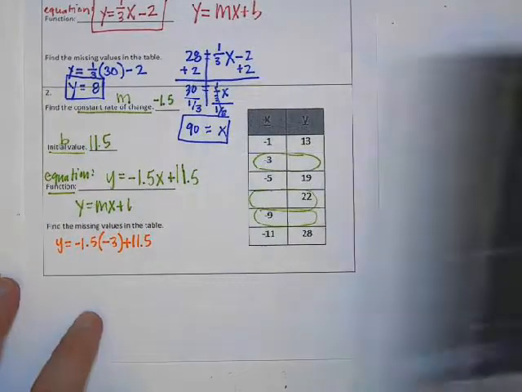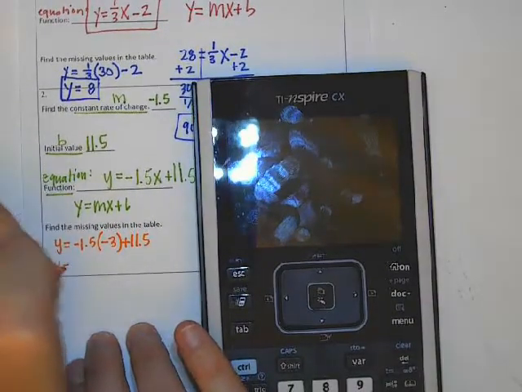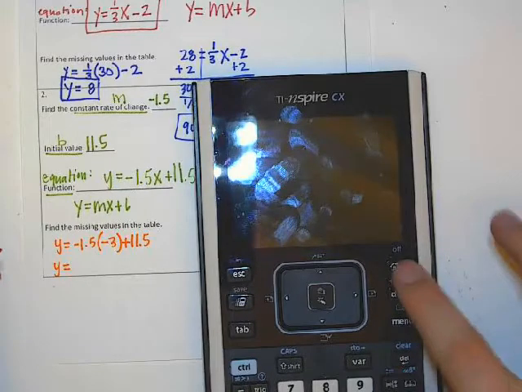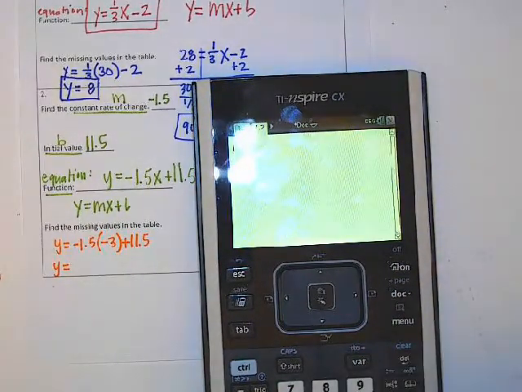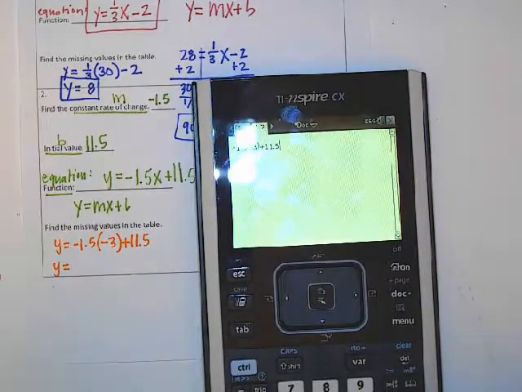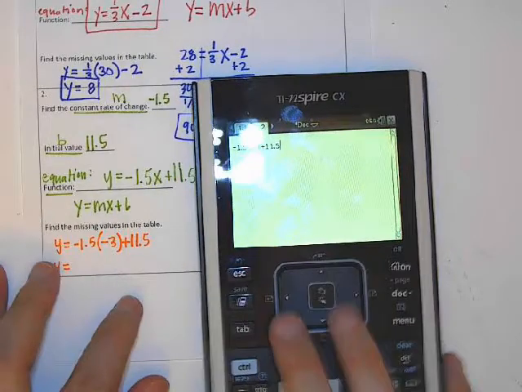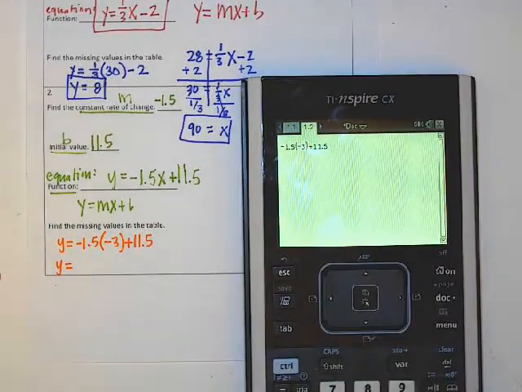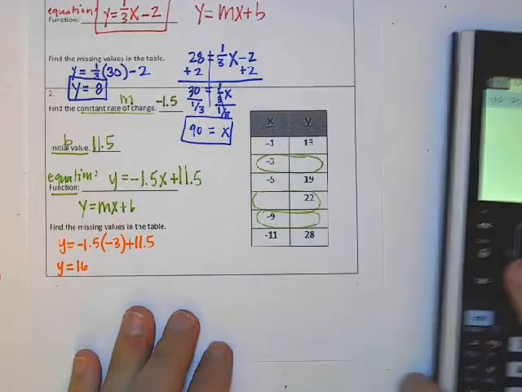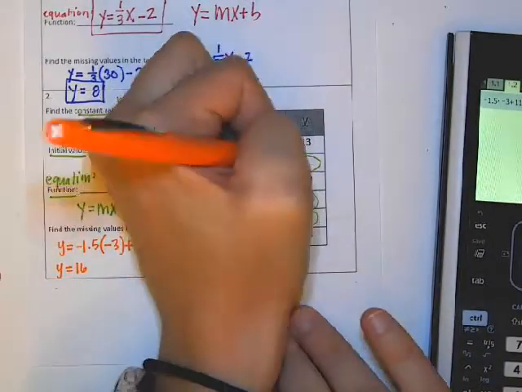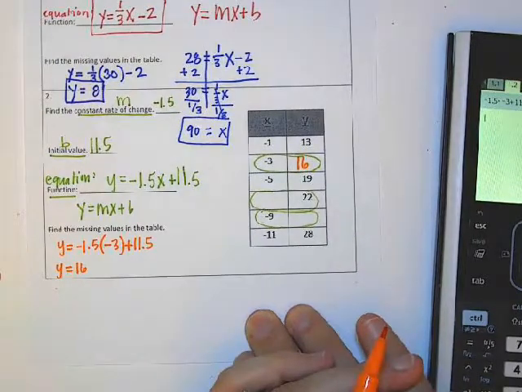Negative 1.5 times negative 3 plus 11.5 gives you 16. So when x is negative 3, y is 16.